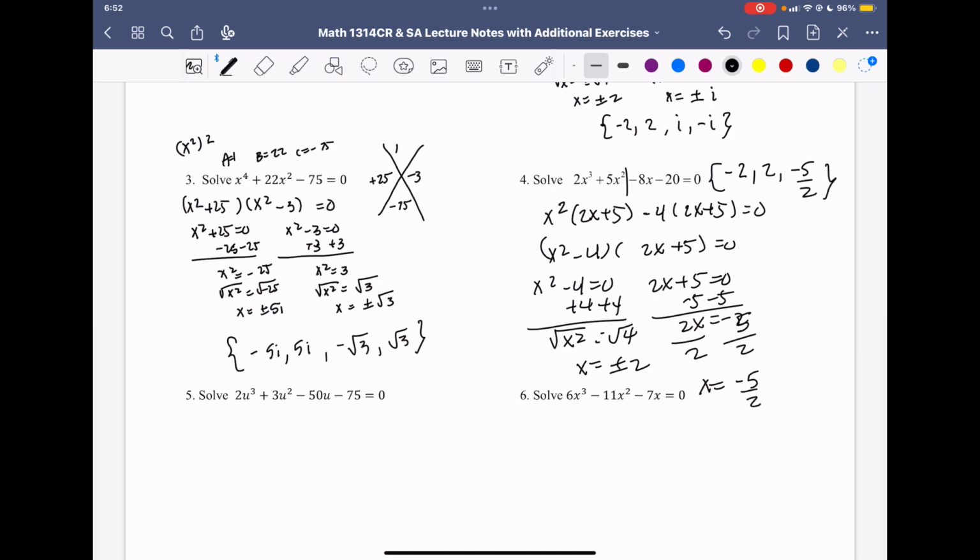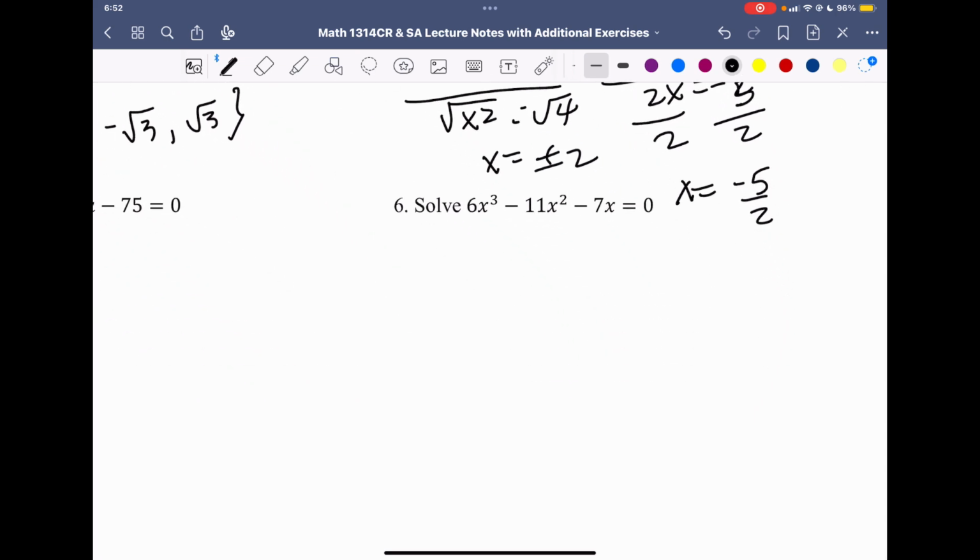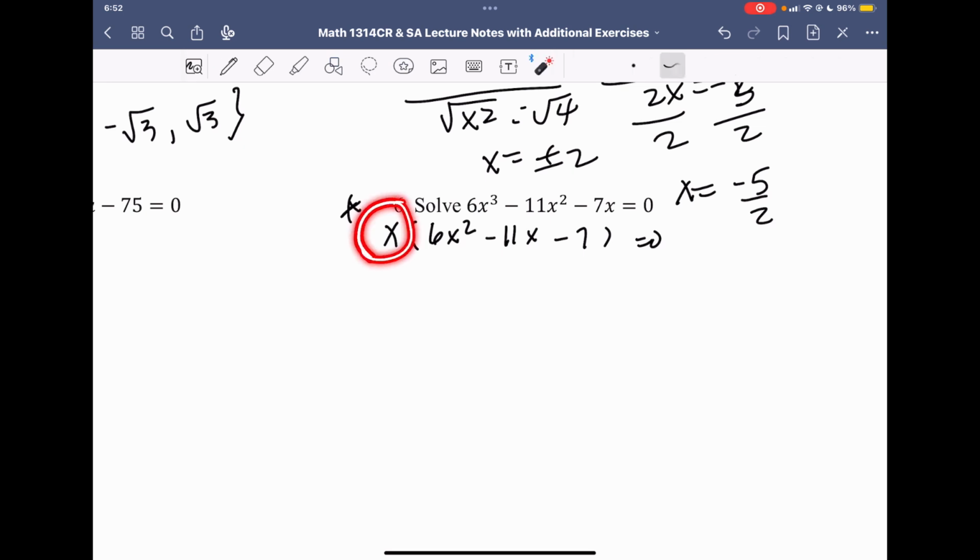And then let's do number 6, because 4 and 5 are like the same. So for number 6, we're just going to look for the GCF. I have an x, so I get x times 6x squared minus 11x minus 7 equals 0. This is a good one to do because this GCF of an x is going to equal 0 at the end. And then you have factoring this.